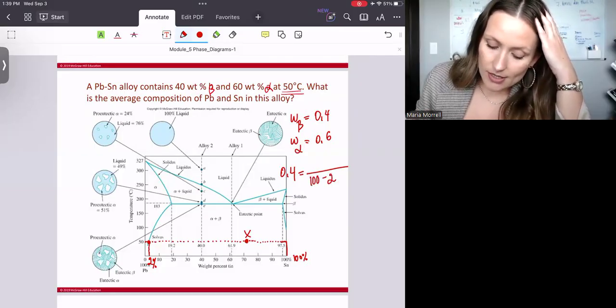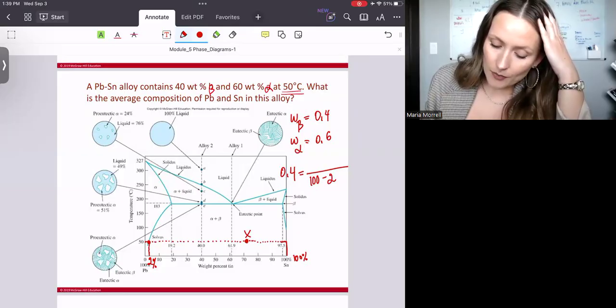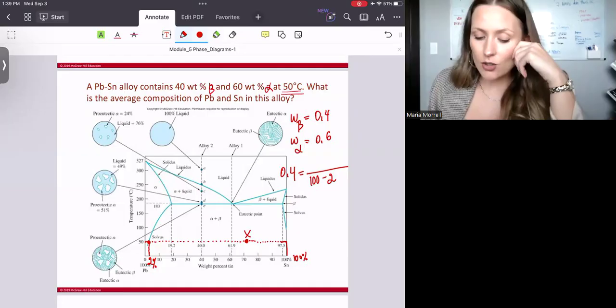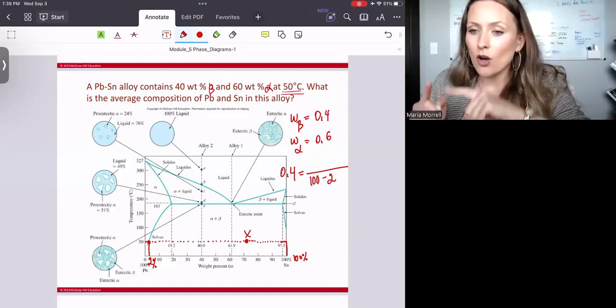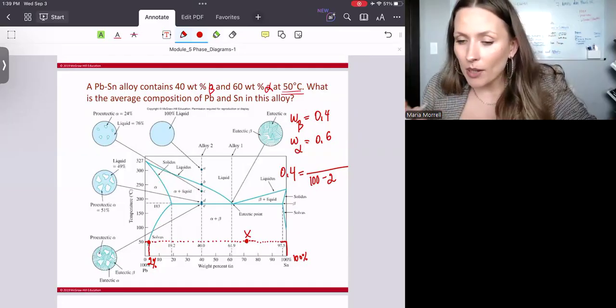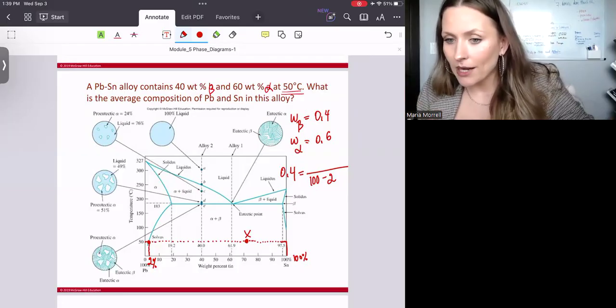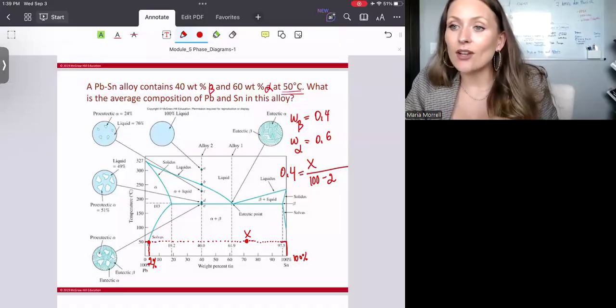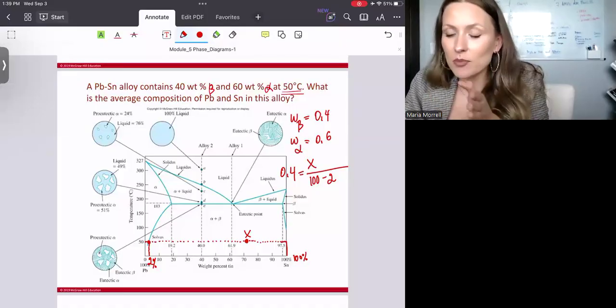And on the top, since I'm taking into consideration the fraction of the beta, I need to look at the opposite side. My beta happens to be on the right, but I need to look on the left. And that means I will have some kind of value x. I don't know where it is, and maybe I placed it off, but it doesn't matter.